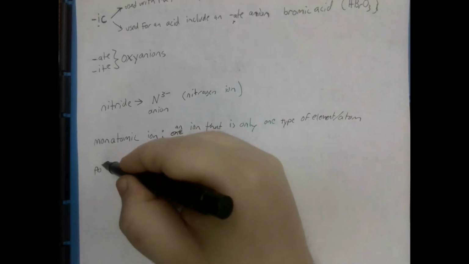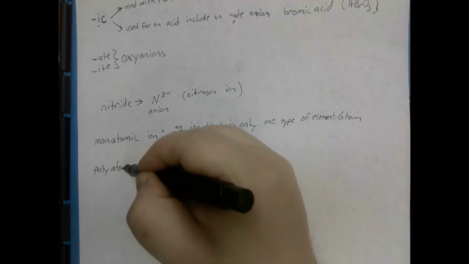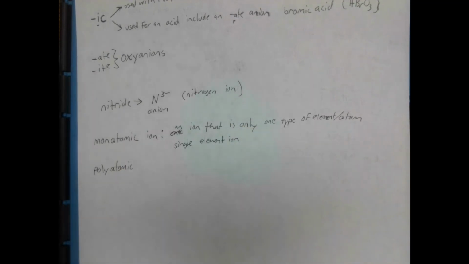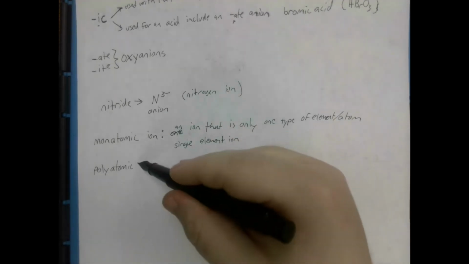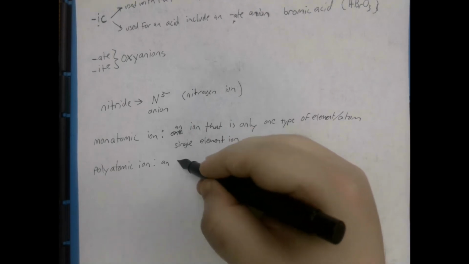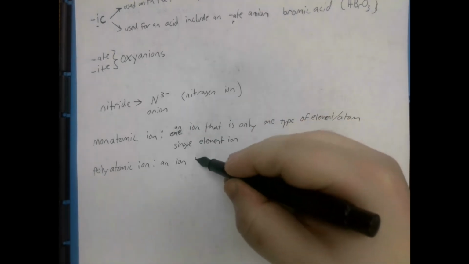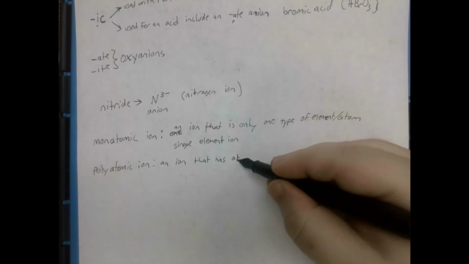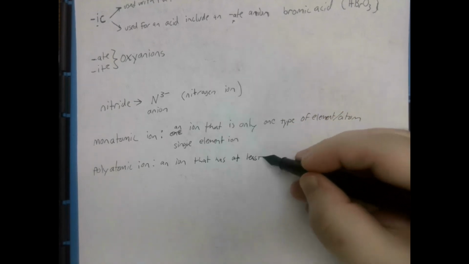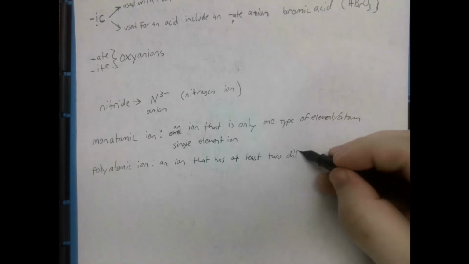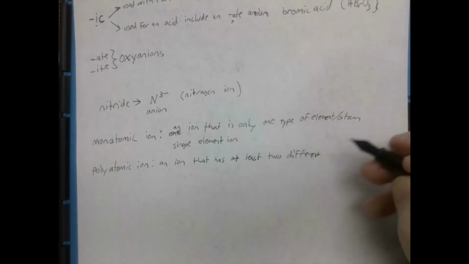Versus polyatomic. By the way, there is a spelling with the O in there, but it looks weird to me. I prefer the monatomic. So this would be an anion that has at least two different elements.